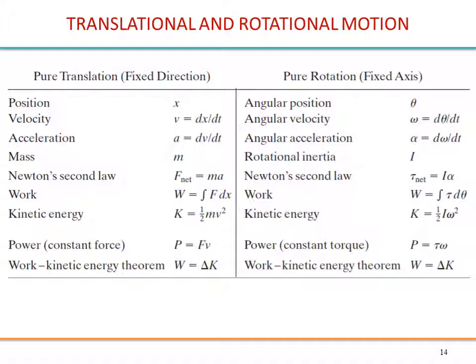Okay, so here we summarize pure rotation about a fixed axis and pure translation in a fixed direction. We have already seen in our lecture on rotation that there is a correspondence between the two: x corresponds to theta, v to omega, a to alpha, m, the inertia, corresponds to I. Now we have seen also that F net equals ma is in fact equivalent to tau net equals I alpha.